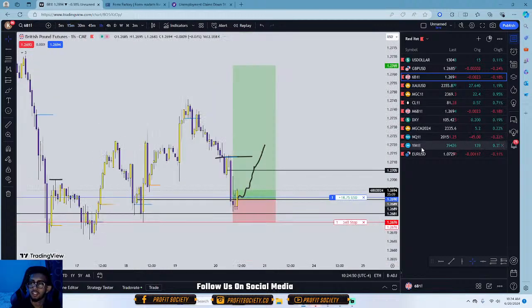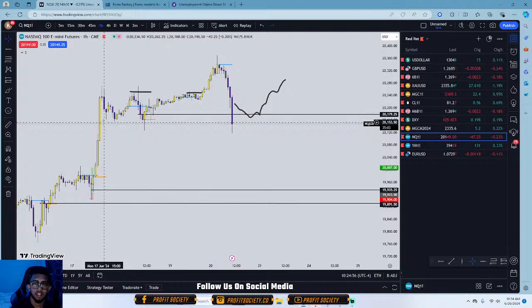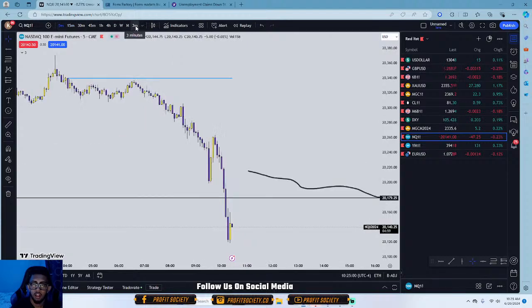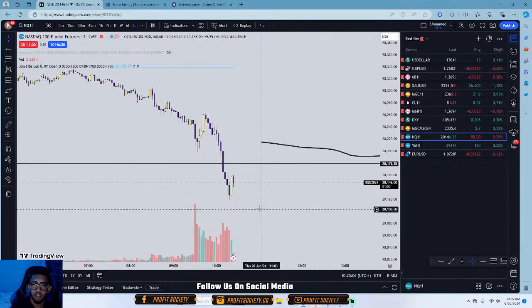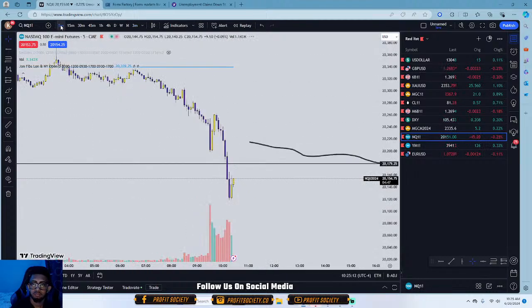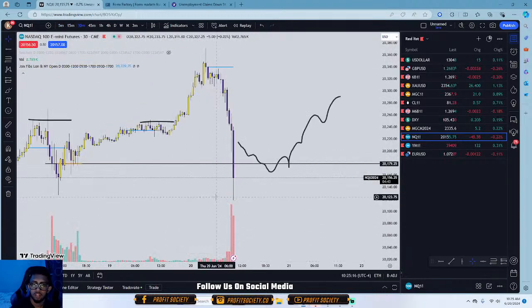All right, so Nas, somebody was calling out Nas. I could see an entry here on Nas. The 3-minute candle. Did we break the low? Not really.